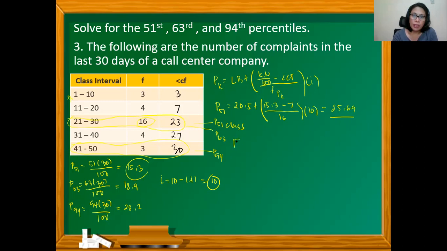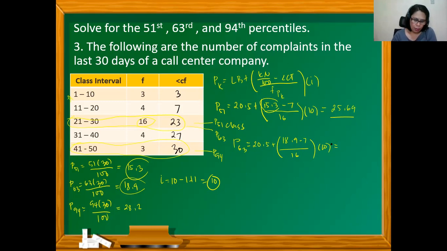Now for P sub 63, since they share the same percentile class, we'll copy the given except for this, and instead of writing this, we're going to consider 18.9. So we have 20.5 plus the quantity 18.9 less 7 all over 16 times 10.